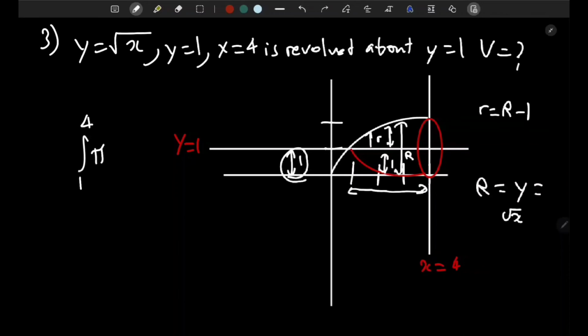The capital R is the entire distance, and this distance is 1, so we would just do subtraction. The entire distance, capital R, minus 1 will give you the lowercase r.